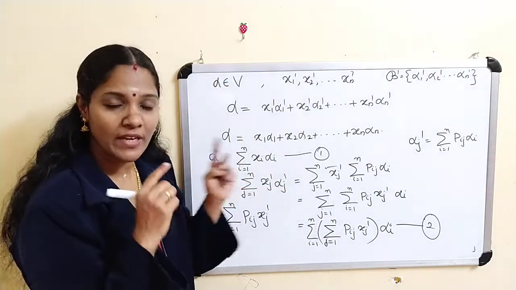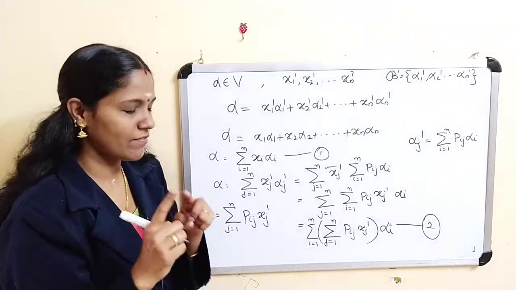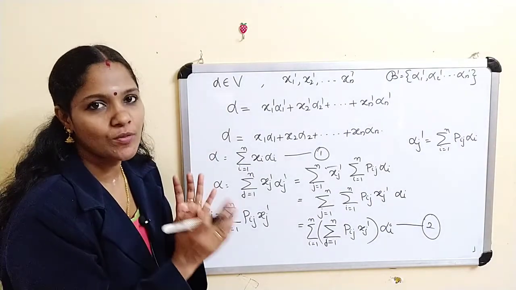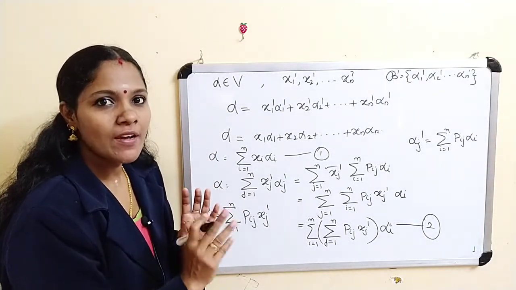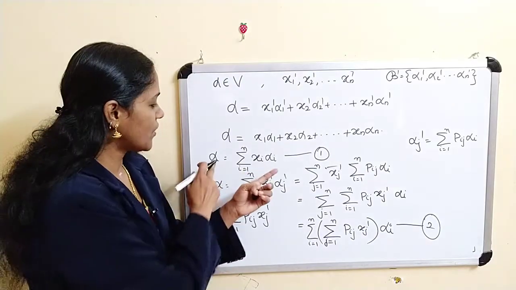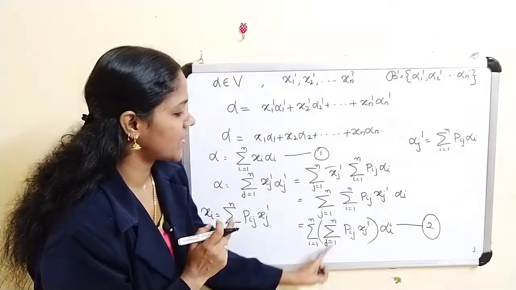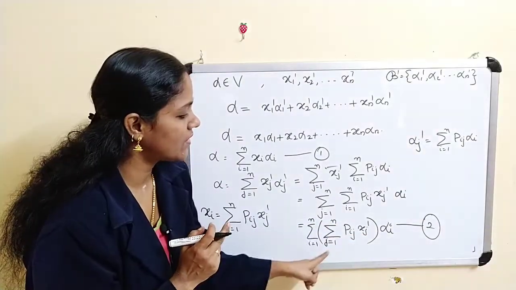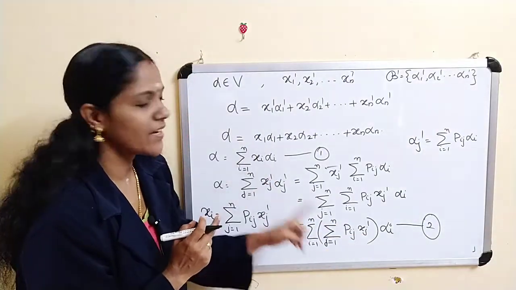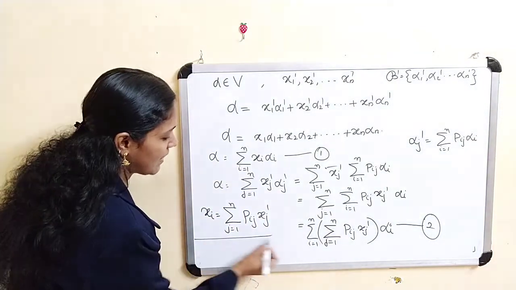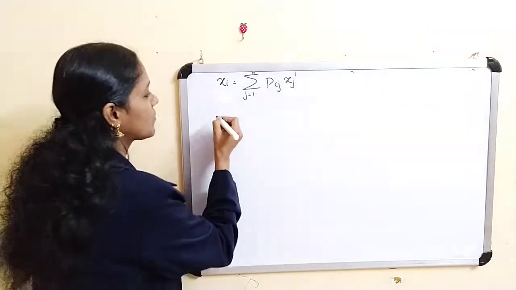If an element alpha belongs to V, then we can represent it uniquely as a linear combination of elements of the basis. So if alpha you can write like this, and there is another representation like this, then these coefficients are equal, that is, xi equal to this one. We will expand this later. If we expand, what do we get?